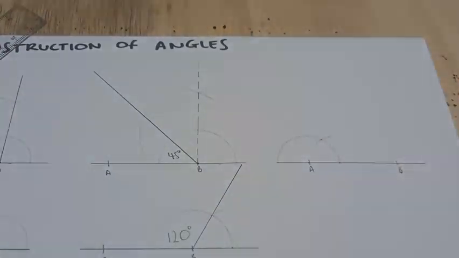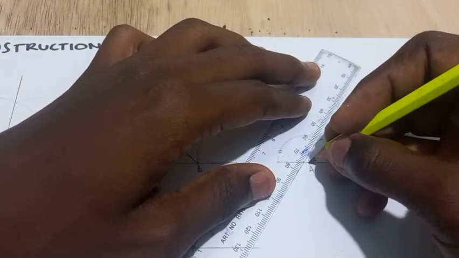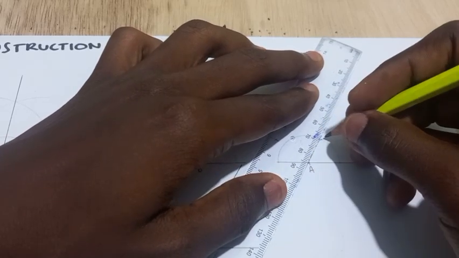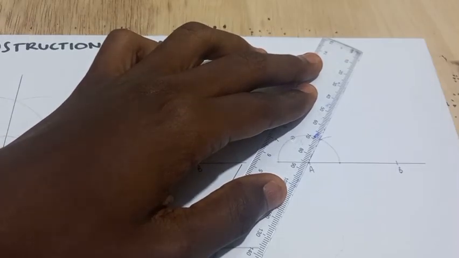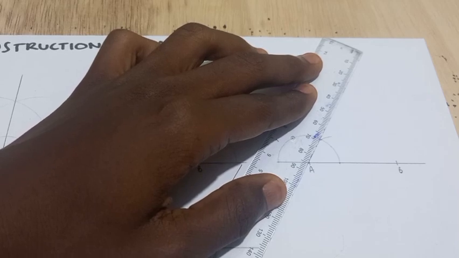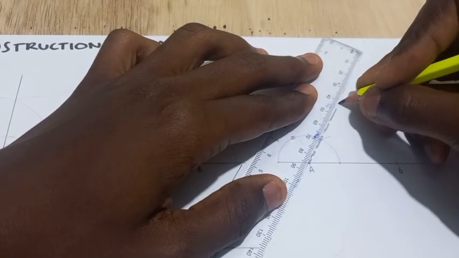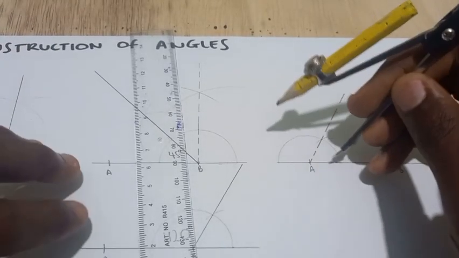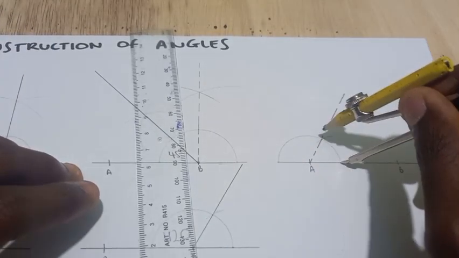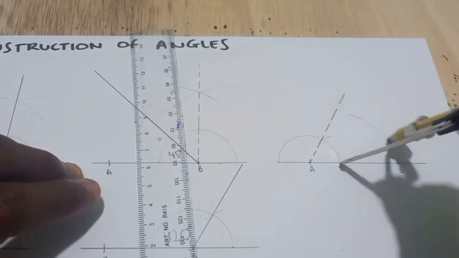So once we have this, we draw short dashes because we have the 60. And then once we divide it by 2, we stand on this point, we pick another radius, we arc.